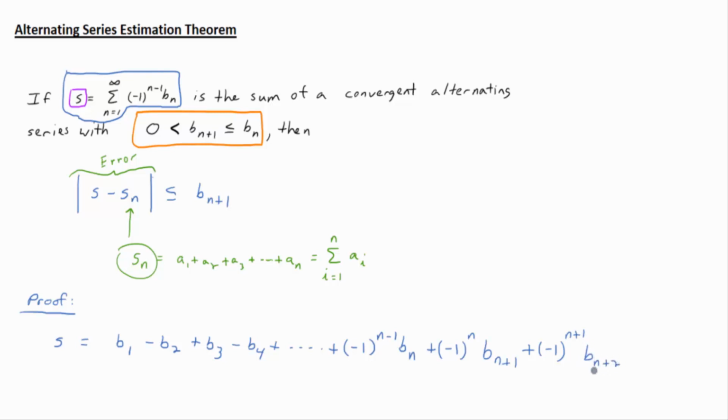The subscript on the b will tell you where you're at. That's the n plus second term, actually. Last one. And then we'll put a plus dot dot dot. Plus, what's the last one? Well, it's not the last one, but the last one we're going to write down explicitly. Negative 1 to the n plus 2 bn plus 3.